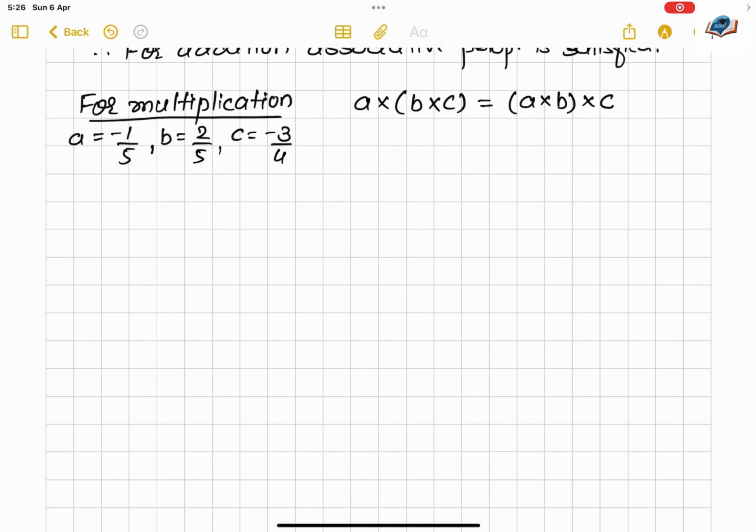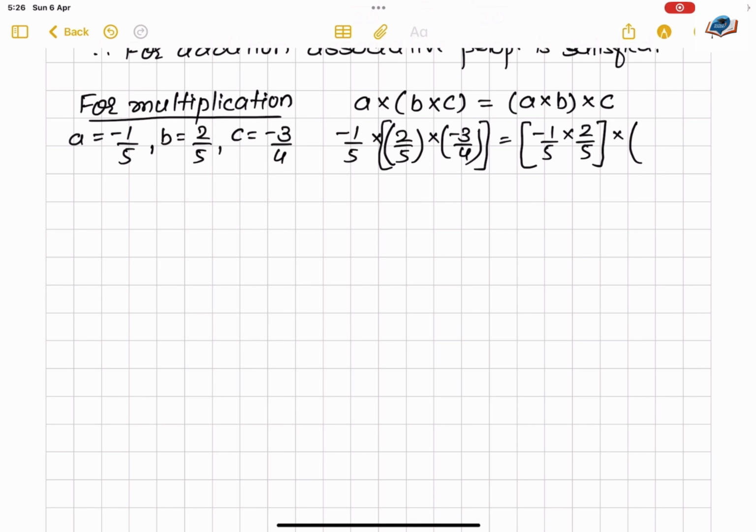So here I will have minus 1 upon 5 into 2 upon 5 into minus 3 by 4 equal to minus 1 upon 5 into 2 by 5 into minus 3 by 4.